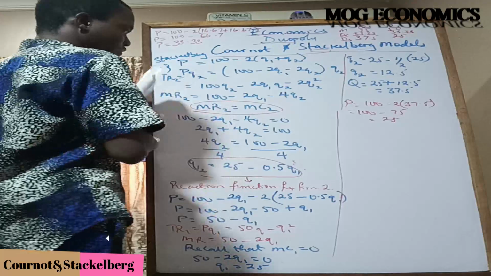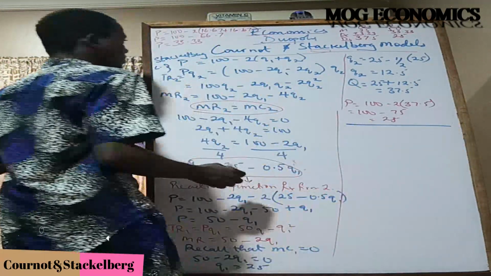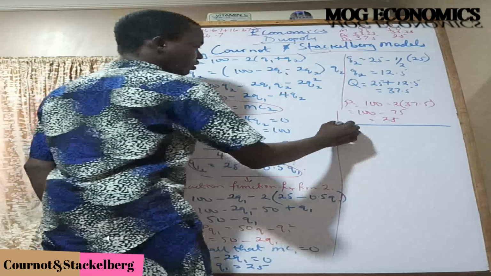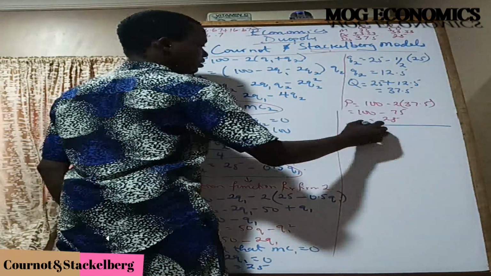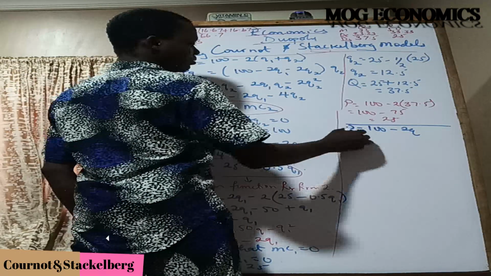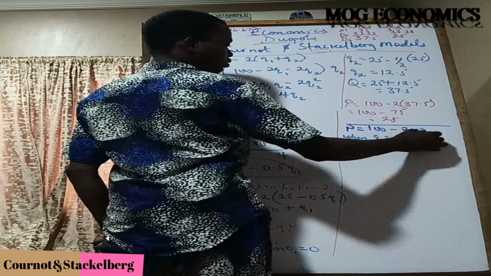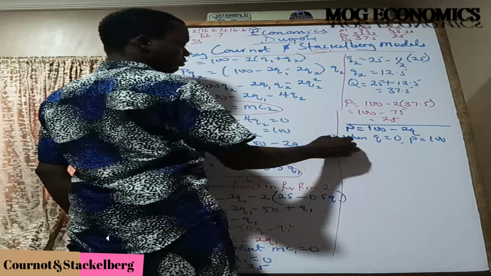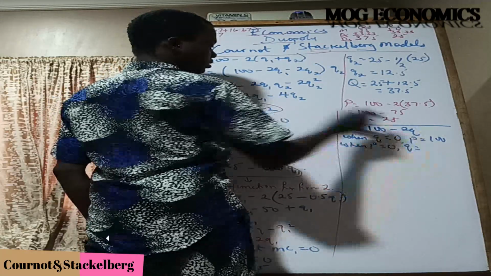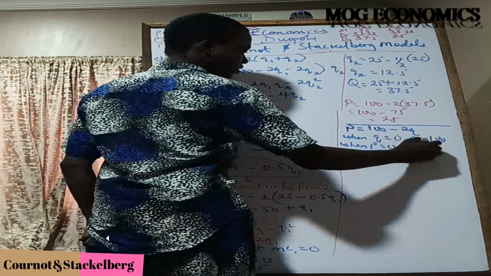So what was the demand function for the monopoly? It was just P equals 100 minus 2Q. When Q equals 0, P is going to be equal to 100. And then when P equals 0, Q equals, is that not 50? 100 divided by 2, Q equals 50.